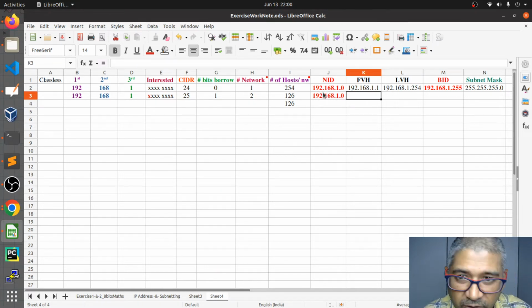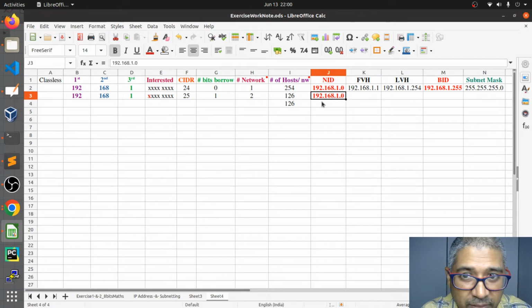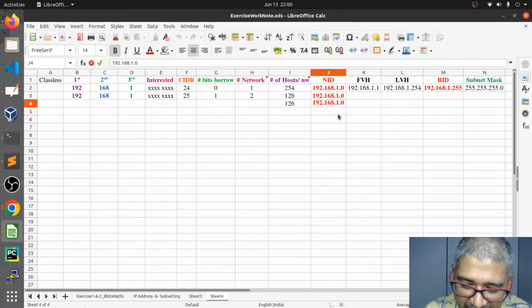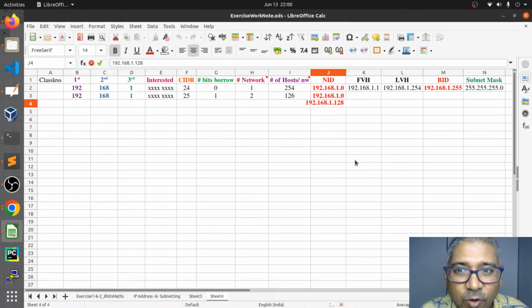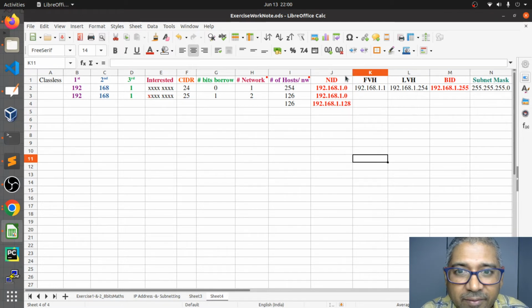Now, the first IP we discussed is the same thing. The first IP will be this, and the second network IP will be this, which becomes 128. How 128? The last IP of the first network is 127. But how do you calculate it by IP addressing?